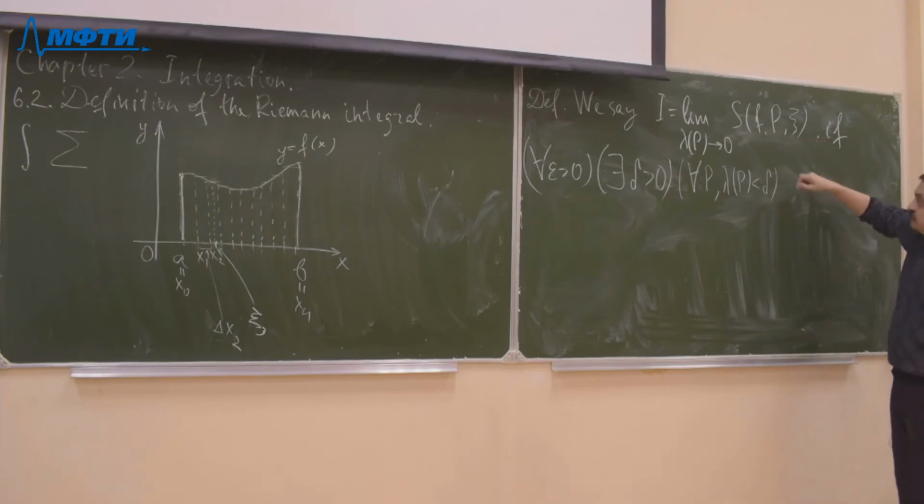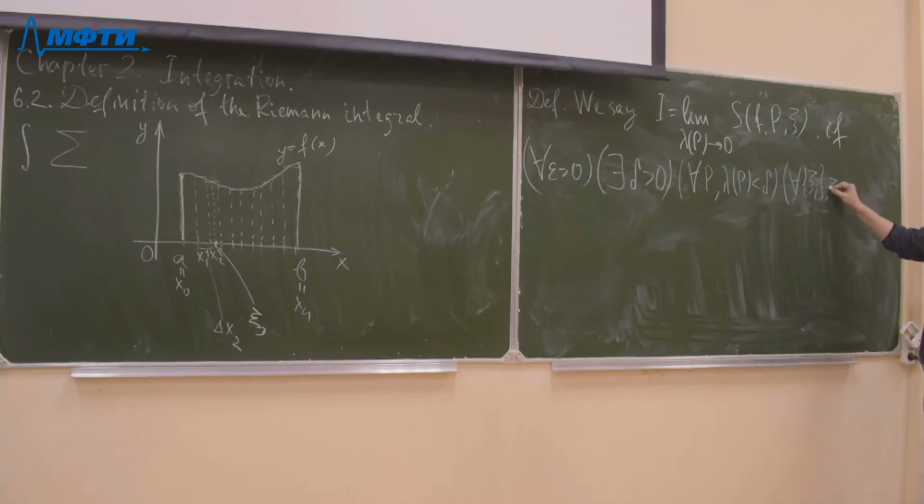So we insert here also for arbitrary distinguished points psi I belongs to x I minus 1, x I, I from 1 up to n, right?